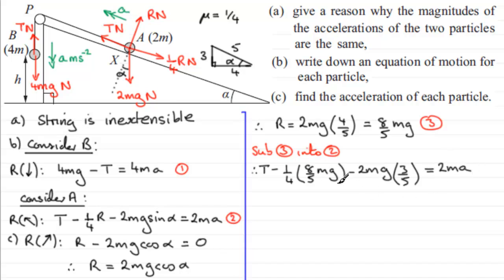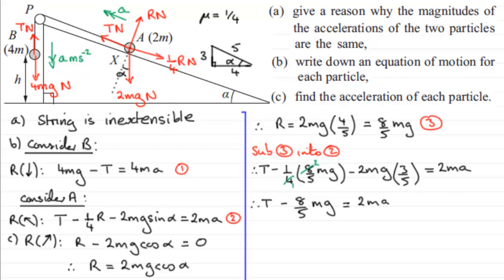Now if we clean this up, I can see that that 4 goes into the 8 twice. So what we have then is T, and we've got minus 2/5 mg minus 6/5 mg, so it's going to be minus 8/5 mg, is equal to 2ma.